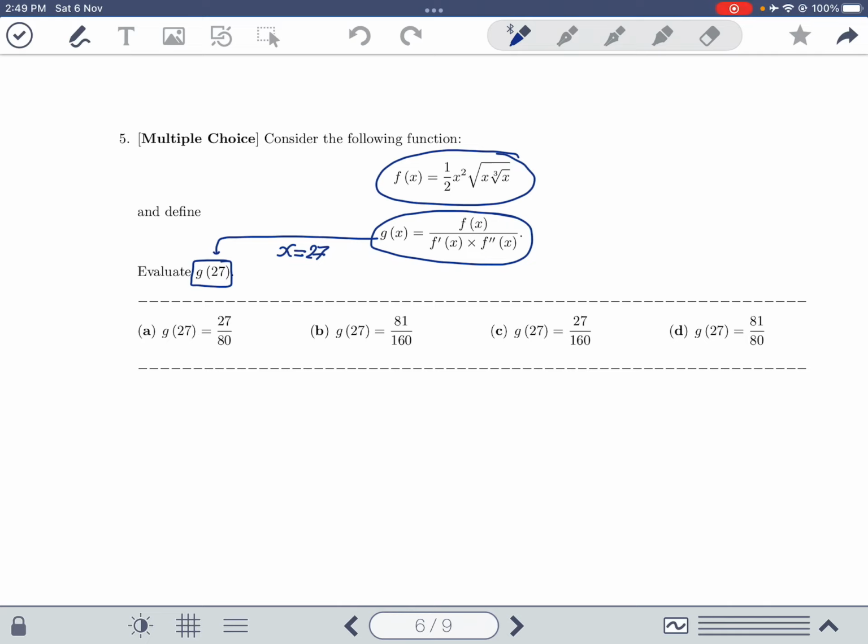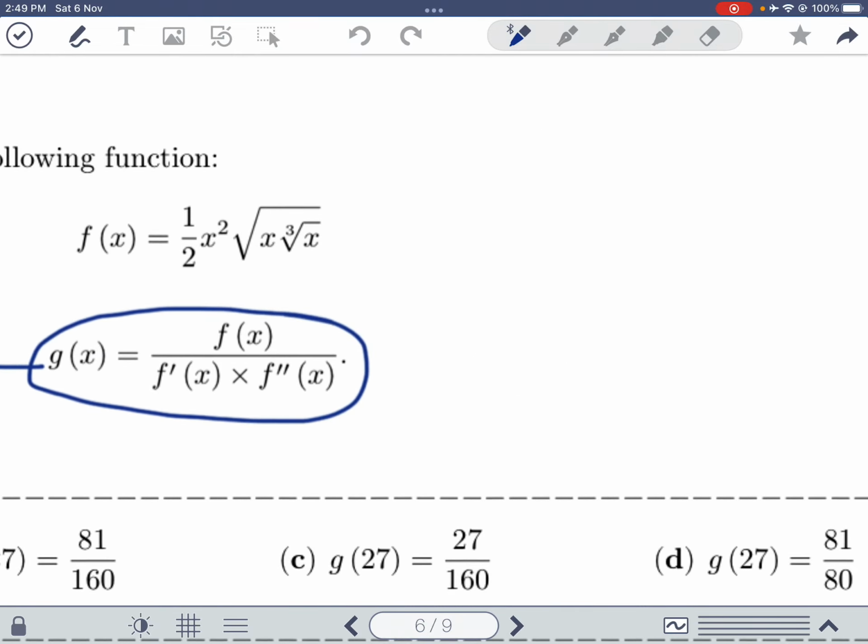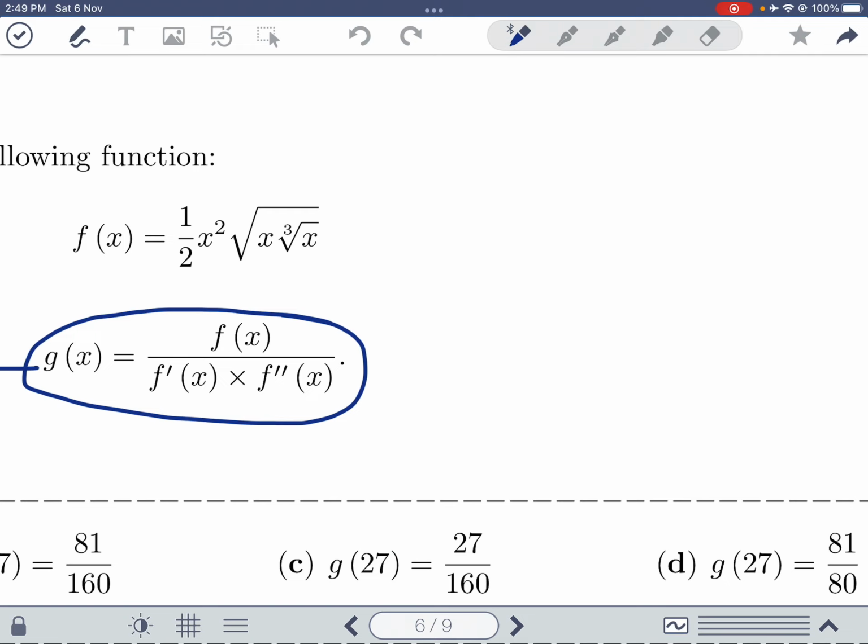So we will start by looking carefully at f, so we write it in a better form. Notice that f is 1/2 x squared, and then this radical that you see here is power 1/2, as you know.